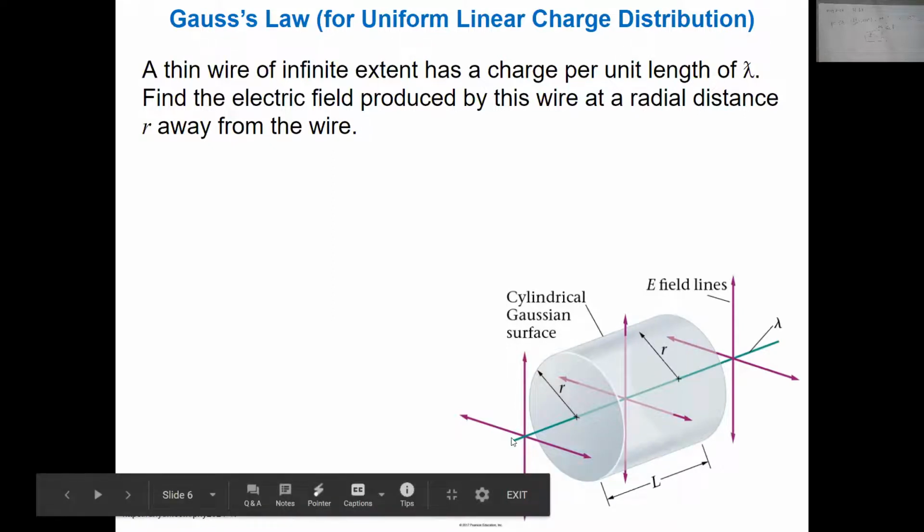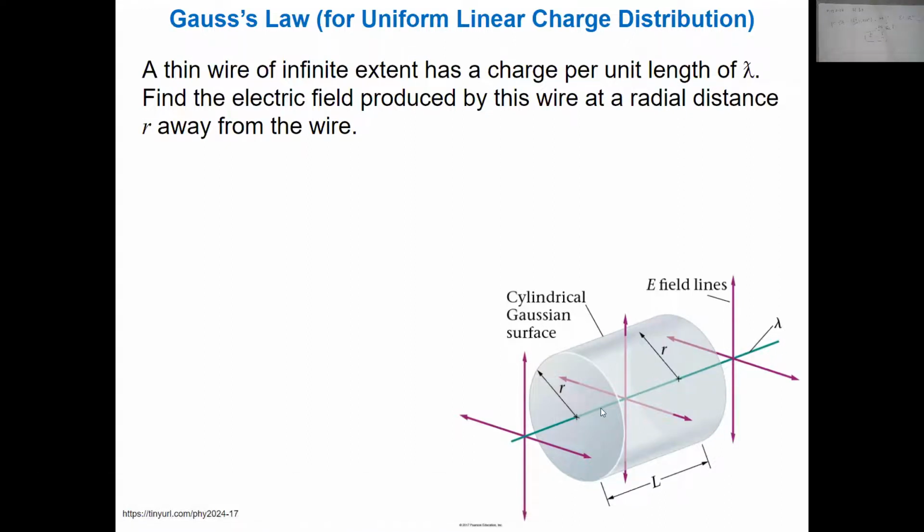It tells you that this line has charge density of lambda. Lambda means charge per unit length, so this is linear charge density. Later on we will also look at the surface charge density and the volume charge distribution. But let's take a look at this one here.